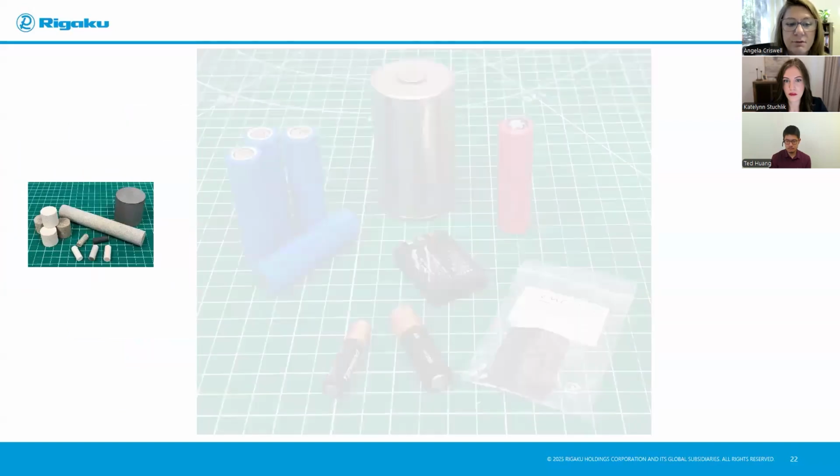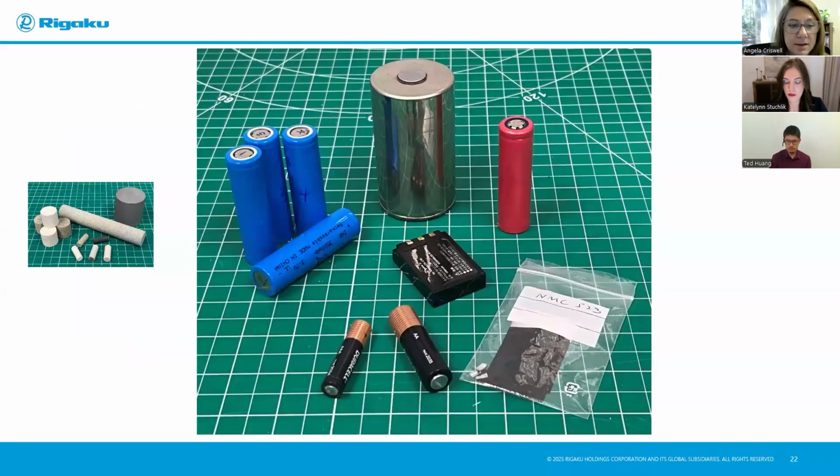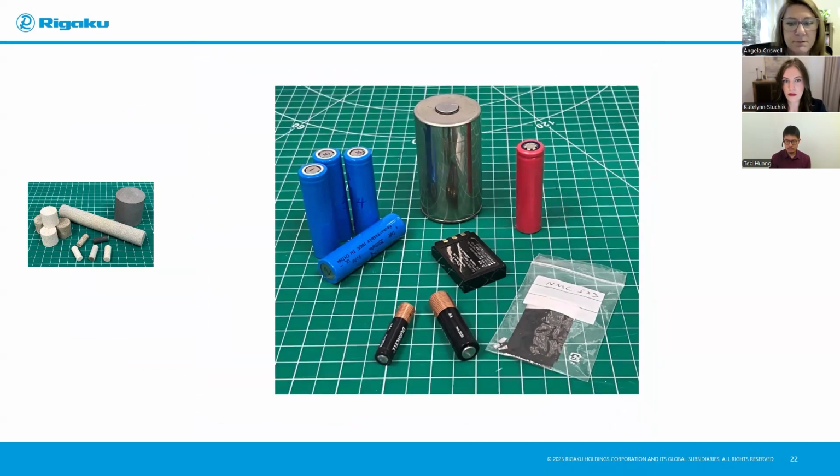The same is true if I look at batteries. The way in which I would collect data for this 4680 battery is very different than the one I would take if I were measuring something like this NMC cathode material. So I need much different resolution for each of these samples and would approach them differently.